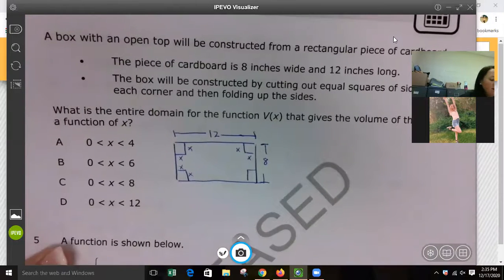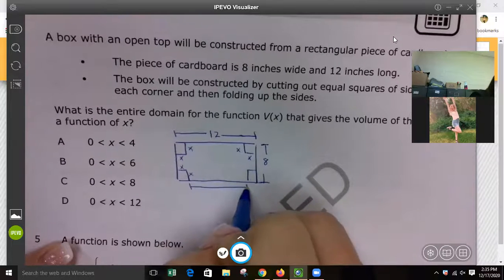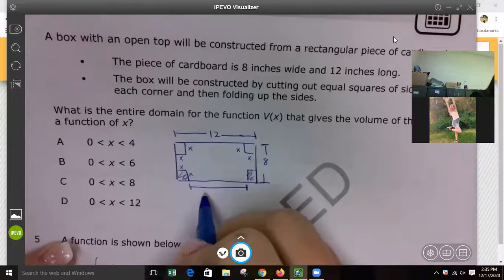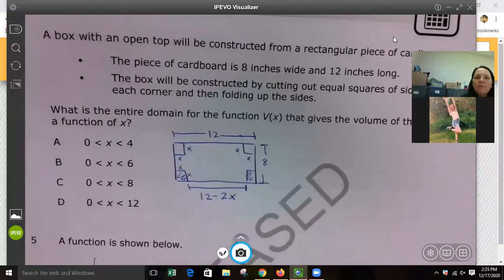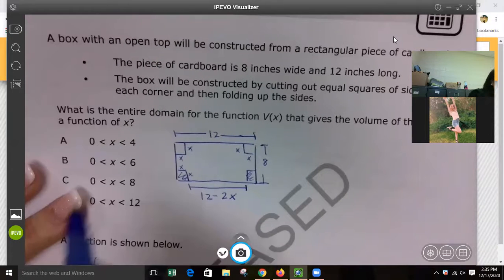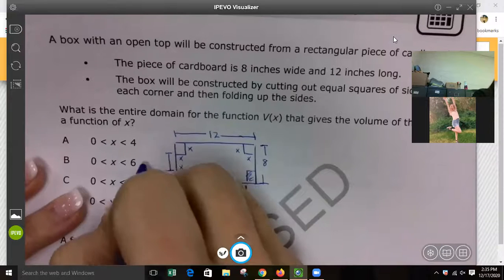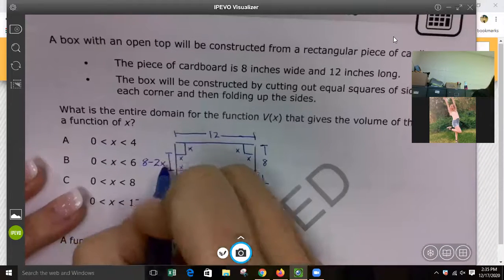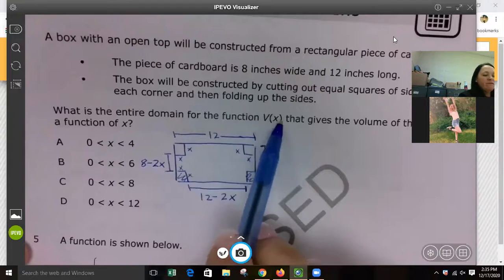So that means the new length right here is 12 minus, I cut 2 X's out. The new width right here is 8, and I cut 2 X's out. So then it says, what's the function for the domain, the entire domain for the function of the volume?